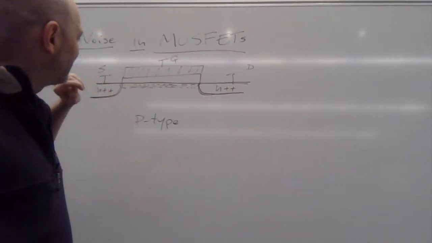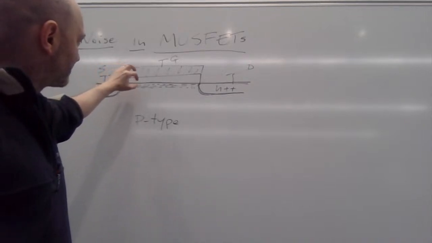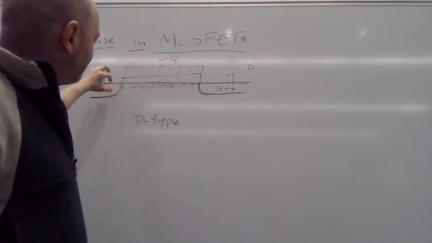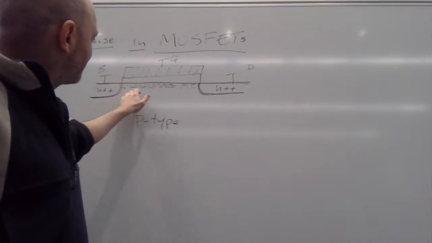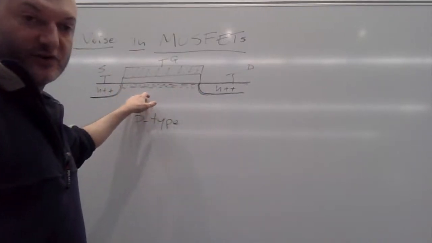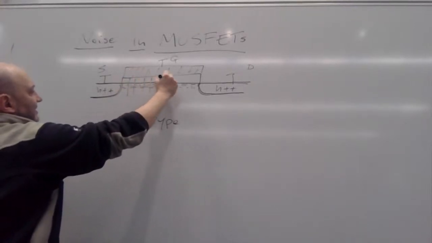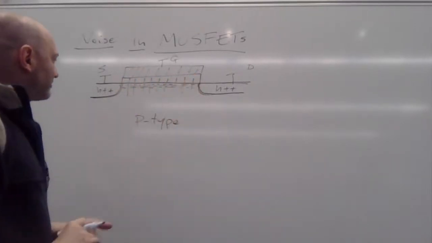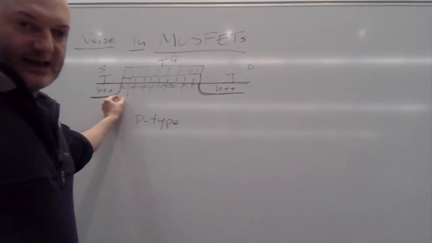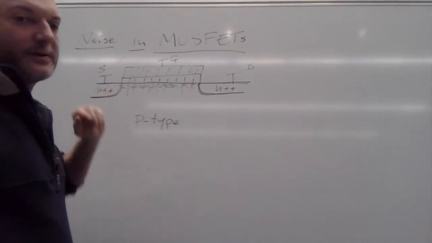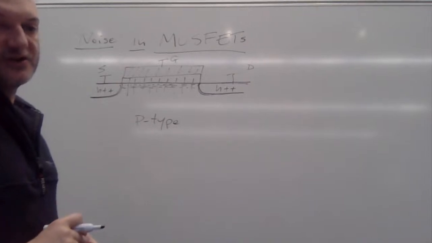It's not quite a resistor because the resistance of the channel changes depending on the location. So what we can do is slice the channel and consider the individual slices as resistors, consider the individual noise contribution and then add up the contributions.